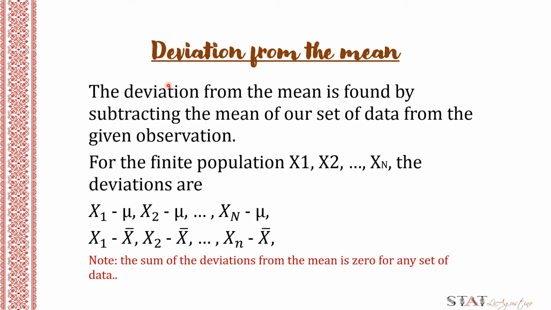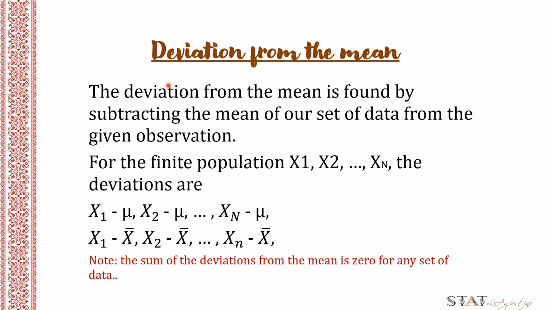Deviation means the distance away from the mean. For example, in your data values you have a mean of 85, the mean grade of your classmates, and then what is the deviation of student 1 from the mean?